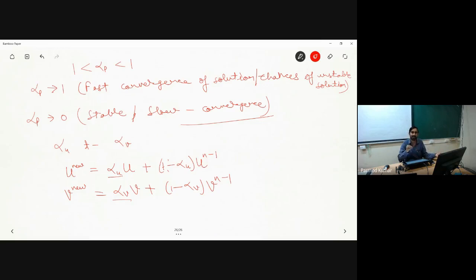If anything goes wrong in a single step, that will not lead to significant issues in our solution, because along with that particular iteration level, we are also giving weightage to the previous steps. Similarly, the velocity under-relaxation factors also vary from 0 to 1.